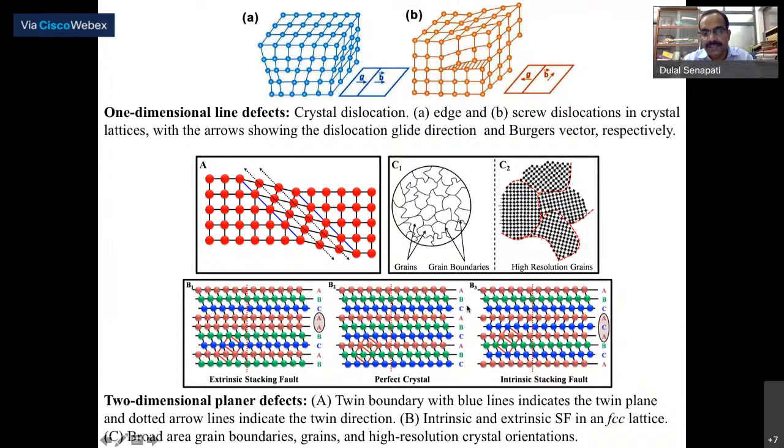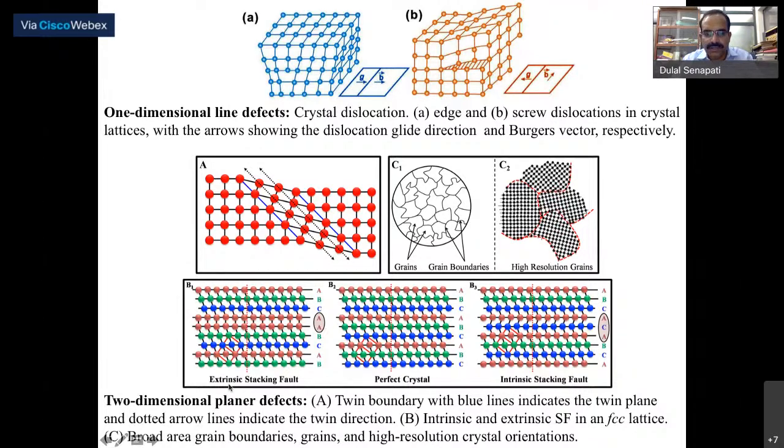Now, suddenly, if one particular lattice plane is missing, suppose this is A, B, C, and then you can see on the left-hand side the extrinsic stacking fault, where the B layer is missing.